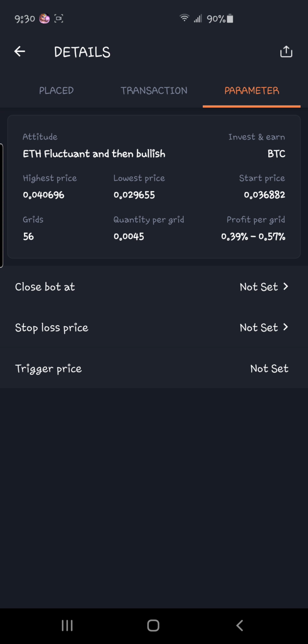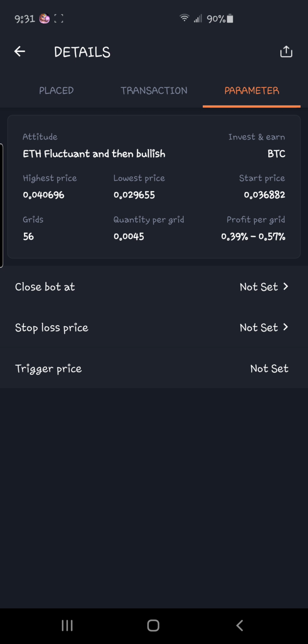Now, with my quarter of Ethereum I have in this trade, it's breaking it up into 56 tiny trades. So I'm not risking that much per trade, and I'm not making that much profit per trade. 0.0045 Ethereum per trade is being risked.